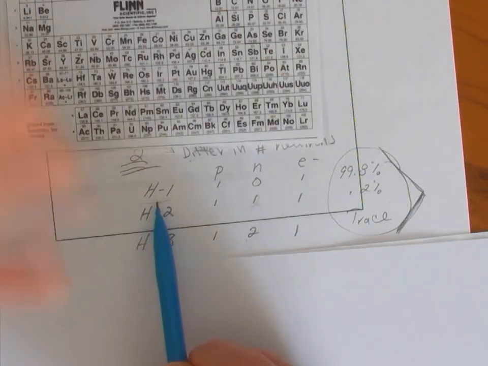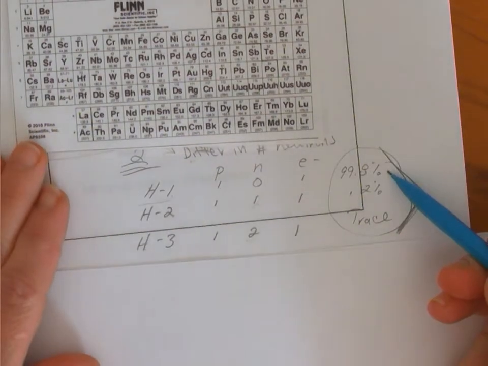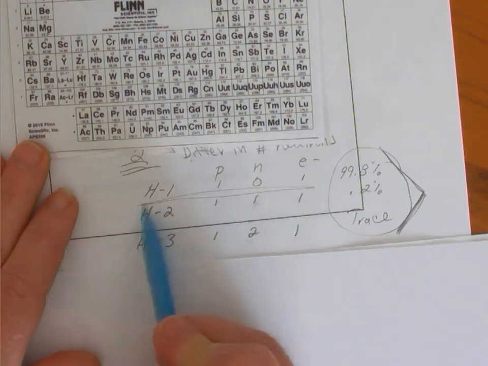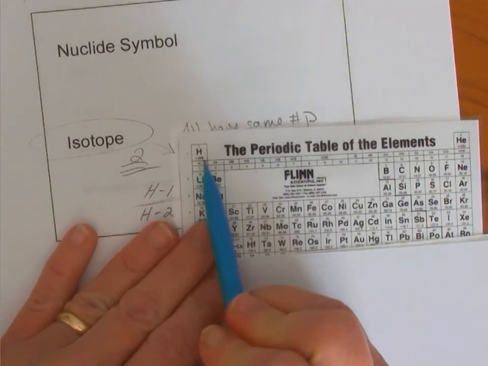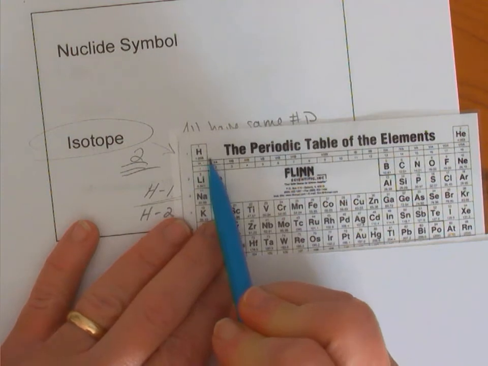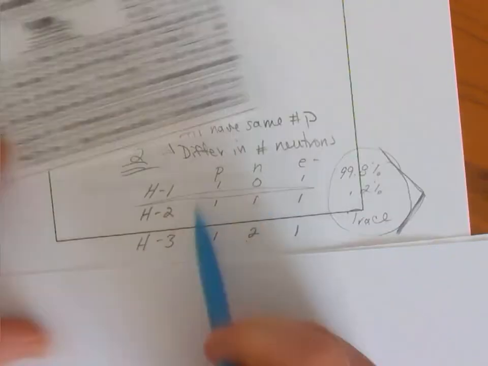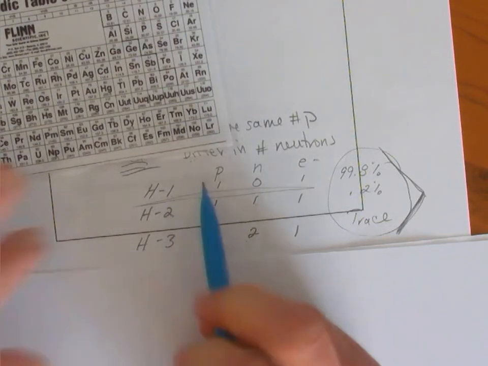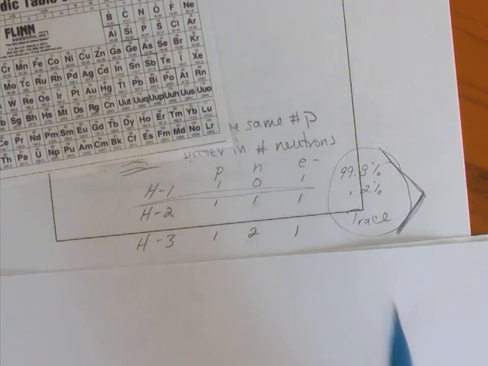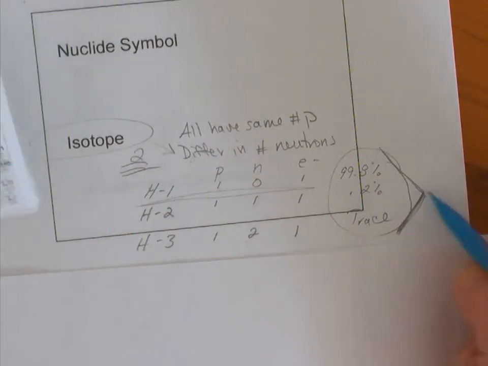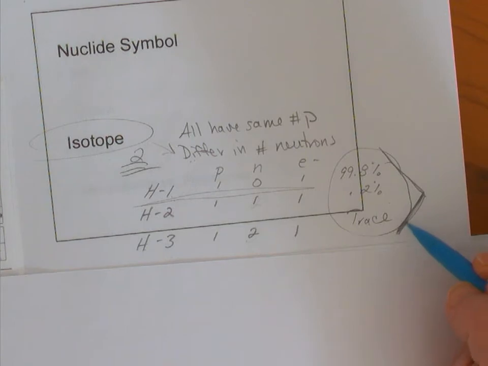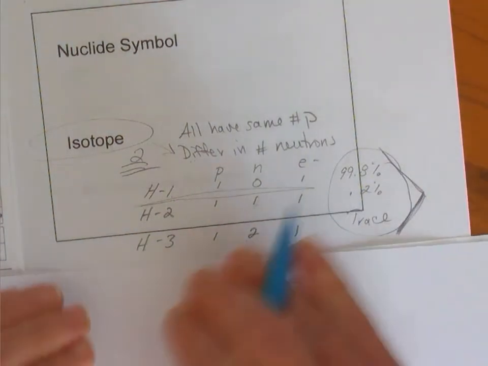If you have a handful of hydrogen atoms, the majority are going to be this version. So that is why the average atomic mass is closer to 1. We'll talk about and show you, and you'll get lots of practice with calculating a weighted average in Chapter 3.